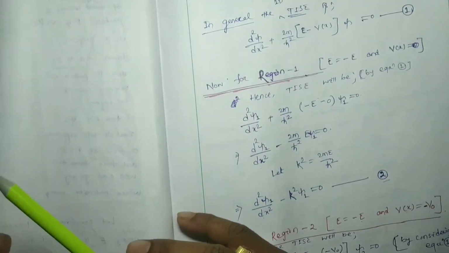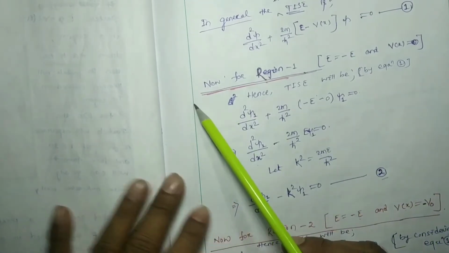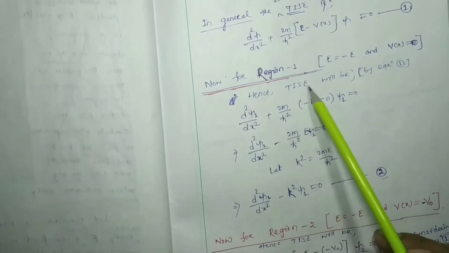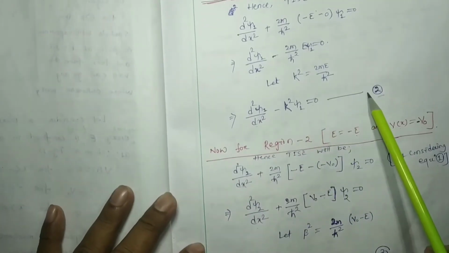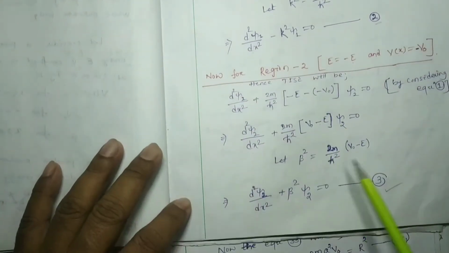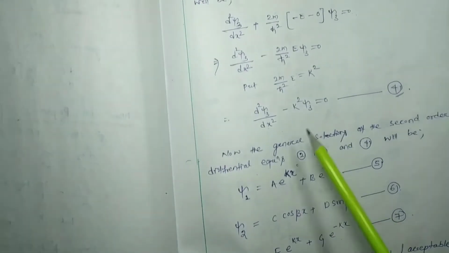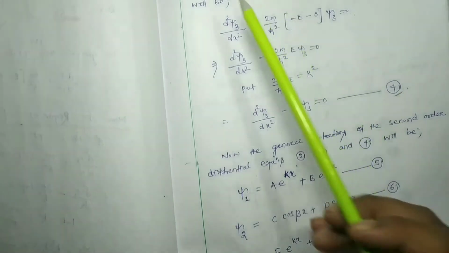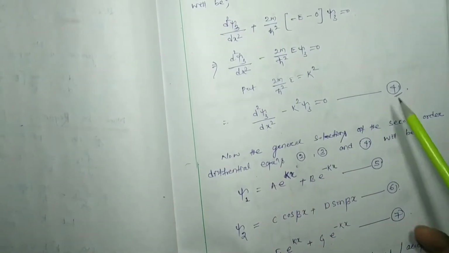We wrote the time independent Schrodinger equation for region 1 as equation number 2, for region 2 as equation number 3, and for region 3 as equation number 4.